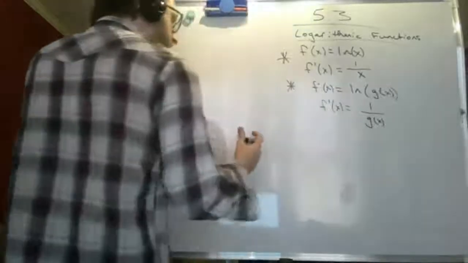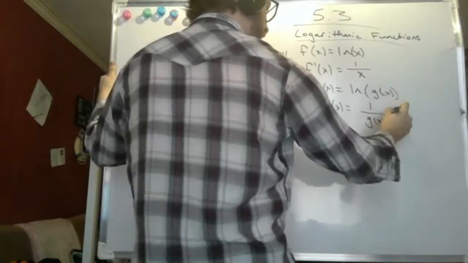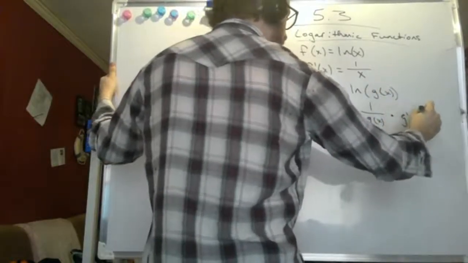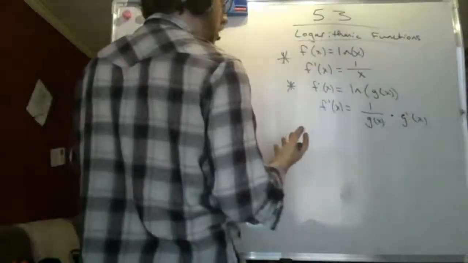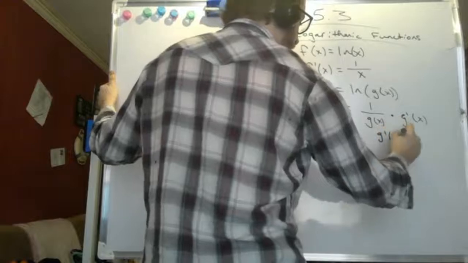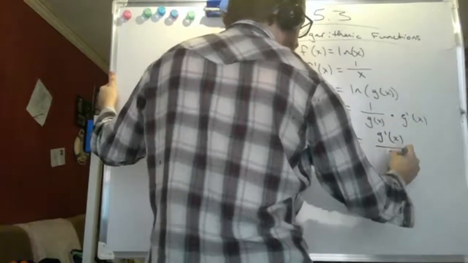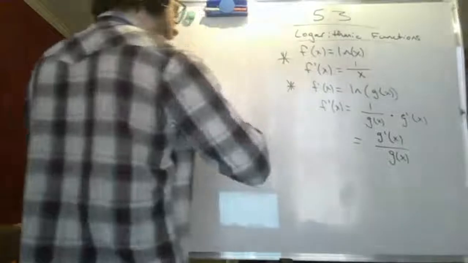So what's the derivative of the natural log? 1 divided by whatever's on the inside, g of x. And then the chain rule says once you've taken the derivative of the outside part, you multiply it by the derivative of the inside part. What is that? That's just g prime of x. So anytime you're trying to take the derivative of a natural log that has some function of x on the inside, it's going to work out to be the derivative of the inside part divided by the inside part. And that's going to be true every time.